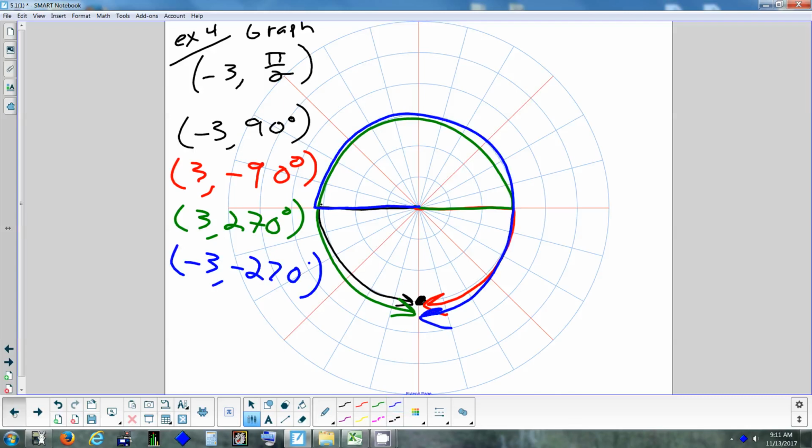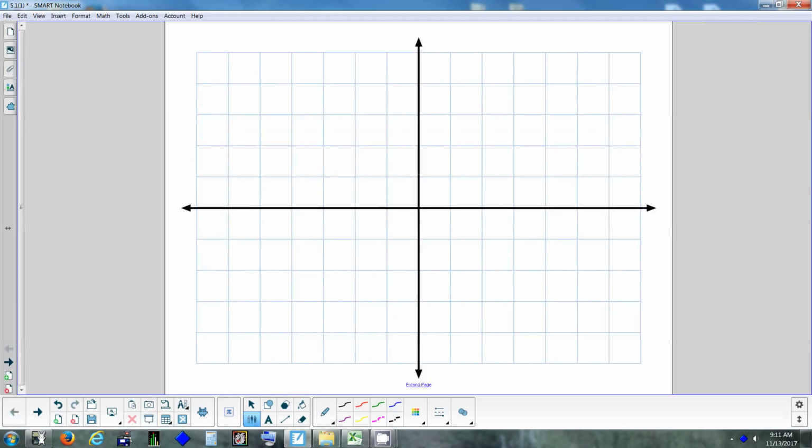And that idea is a little different than Cartesian. If I bring up just a regular Cartesian grid, and I put a point there, and I said, how do I get to that point? What's the coordinates for that point? Yeah. 2, 1. Can you give me another coordinate for that point?